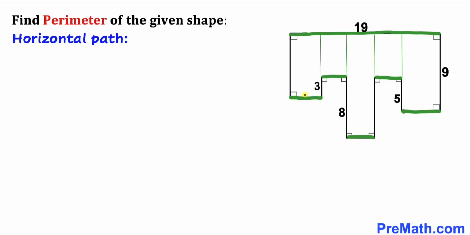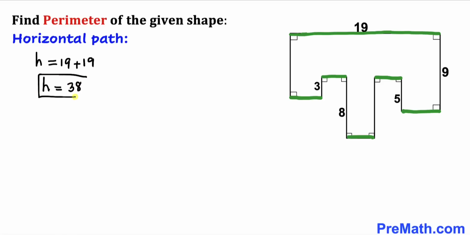As you can see, they would nicely fit in, as you can see in this diagram. So therefore, the total horizontal distance, I'm going to represent h for horizontal distance, is going to be 19 plus 19. So our horizontal length turns out to be 38 units.